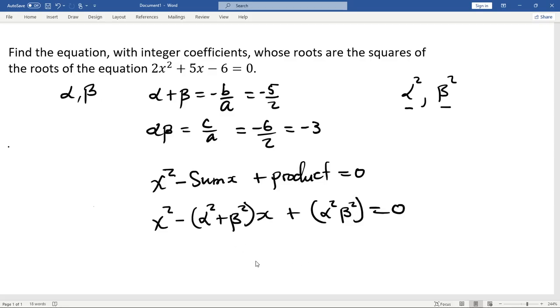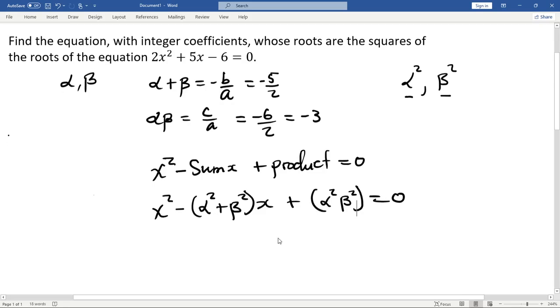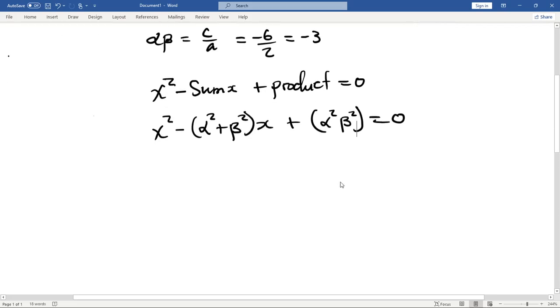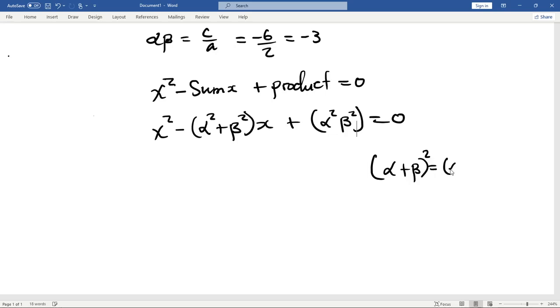Okay, now alpha squared plus beta squared is an identity, so let's try to derive the identity for that. When we take the sum alpha plus beta and square it, this will just give us alpha plus beta multiplied by alpha plus beta. Then alpha times alpha, we get alpha squared.